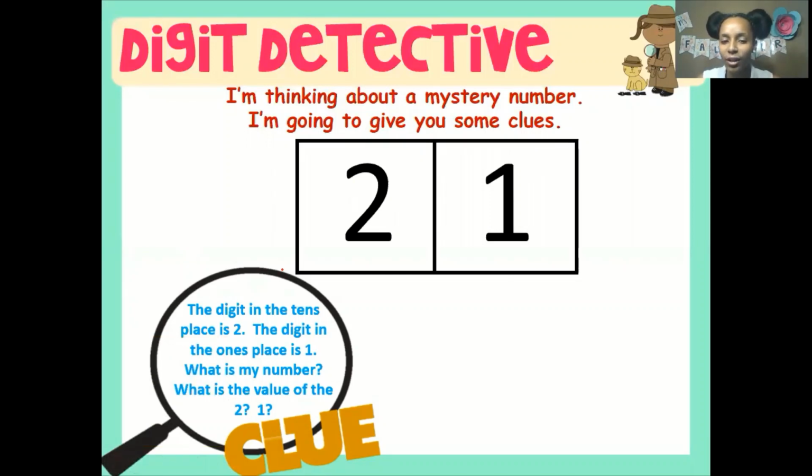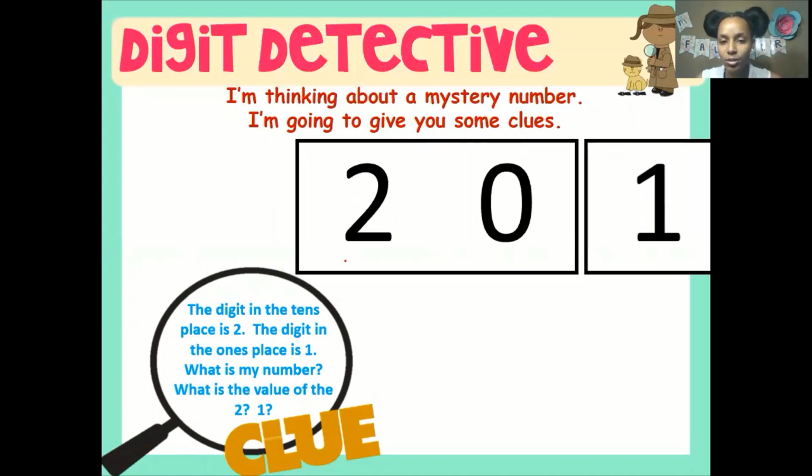Well, what is the value of the 2? What number is hiding inside of 21? Right, 20. Because the value of my 2 is 20. What is the value of my 1? Right, 1.